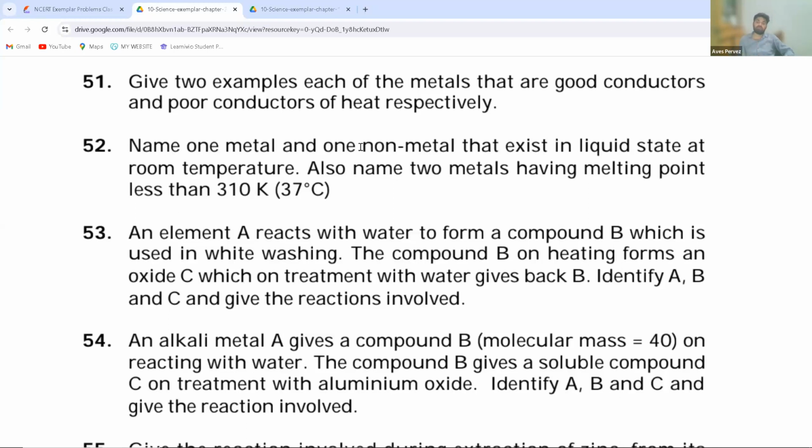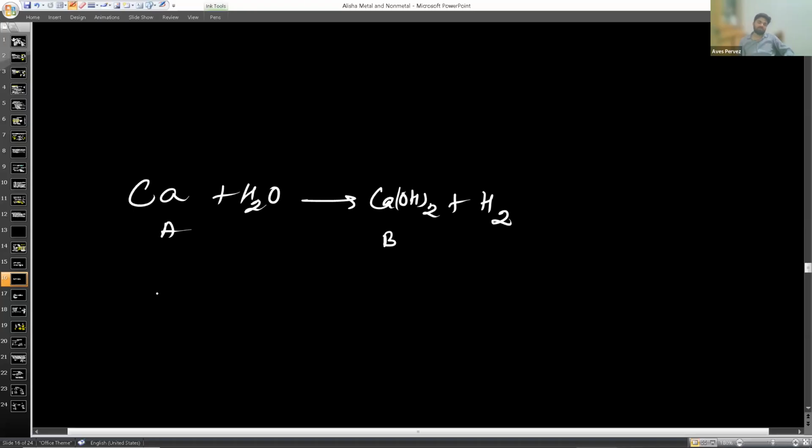Compound B on heating. So when we heat compound B, then what happens? Compound B is actually calcium hydroxide. So when we heat calcium hydroxide, it will give you calcium oxide plus water.